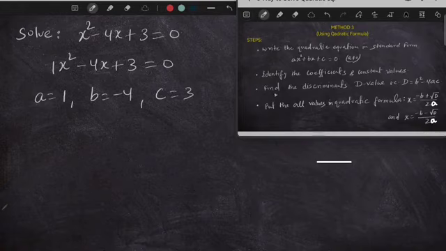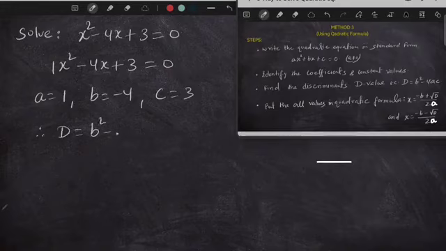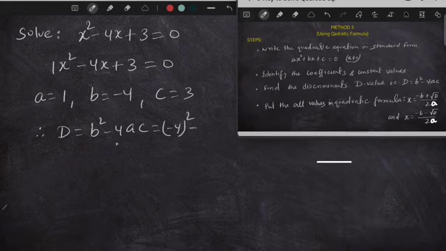Now the next step is to find the discriminant D, where D is b square minus 4ac. So D equals -4 square minus 4 times a times c. -4 square is 16, minus 4 into 1 into 3, which is 12.